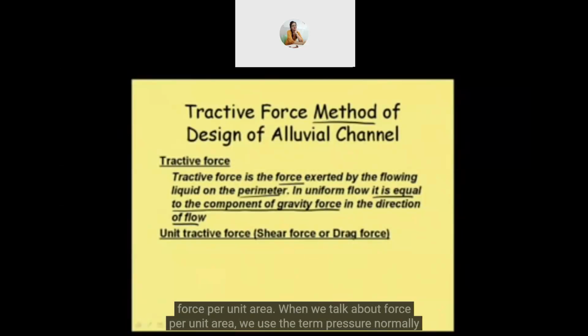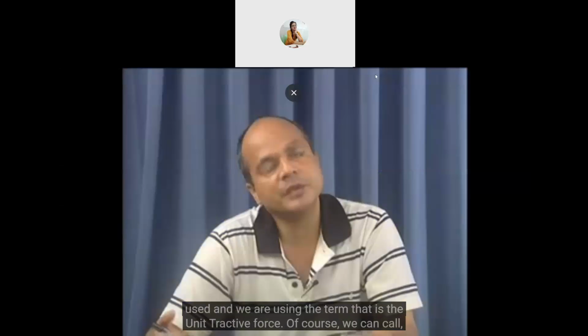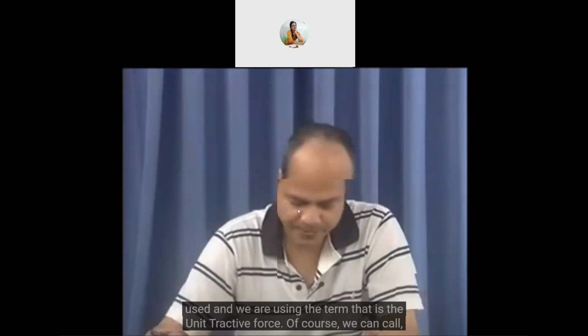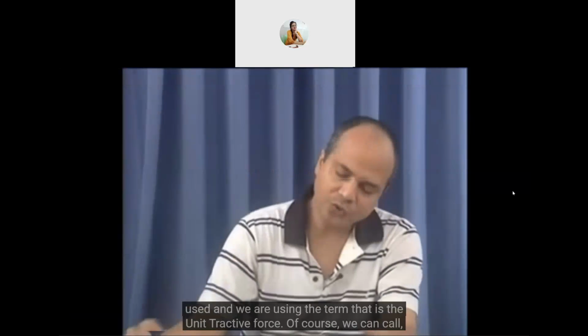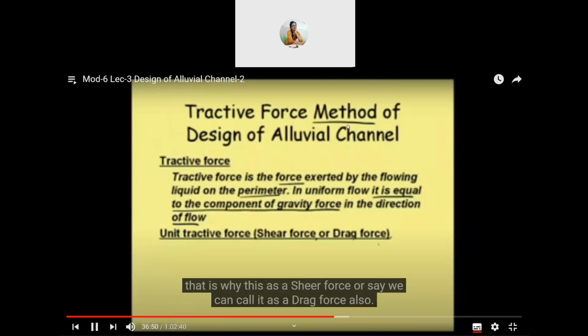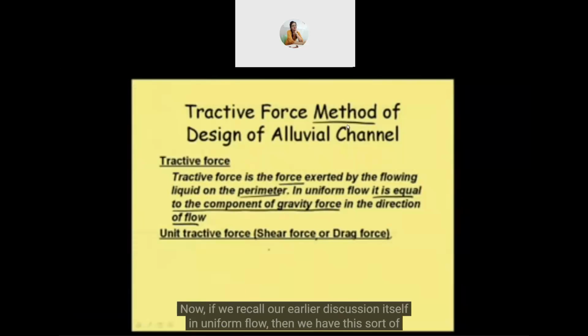When we talk about force per unit area, we normally use the term pressure, or stress. But in the case of tractive force, the term popularly used is unit tractive force. Of course, we can call it a shear force or a drag force also.